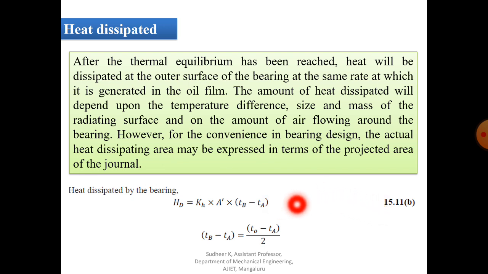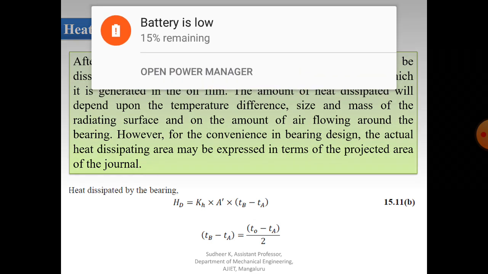So Tb minus Ta is calculated using To minus Ta divided by 2. T naught is nothing but the operating temperature of the bearing. So based on different oils, that value you have to find out.